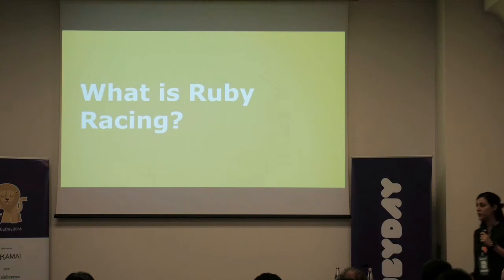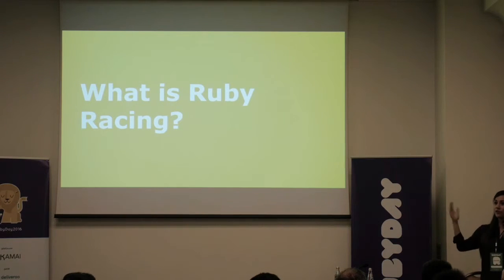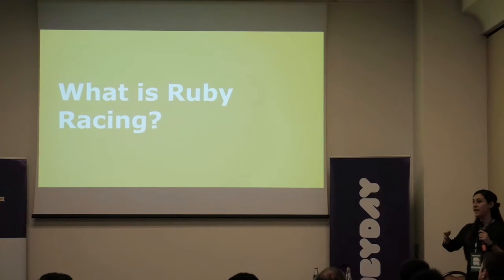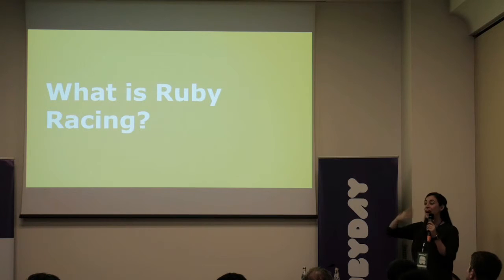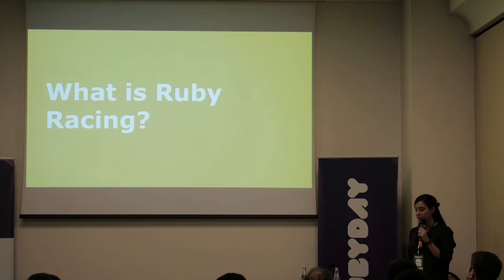Okay, so next, what is Ruby Racer? I went home and started implementing different methods in Ruby to see if I could actually beat the Ruby versions that are provided by the Ruby library.